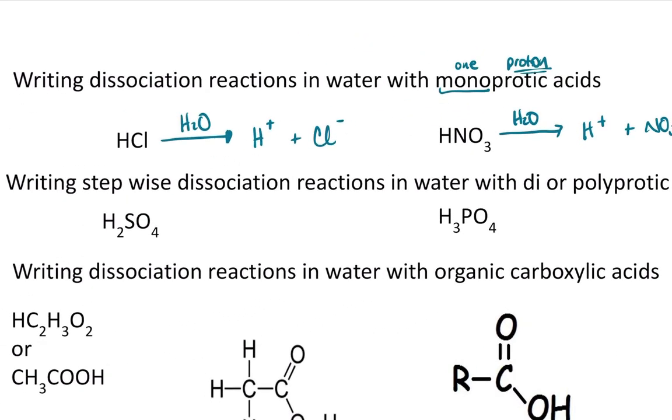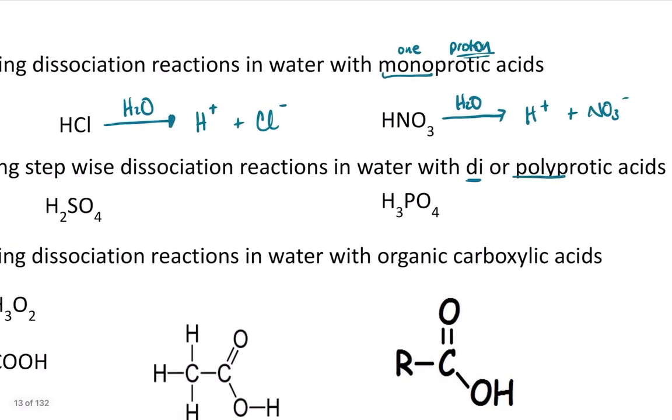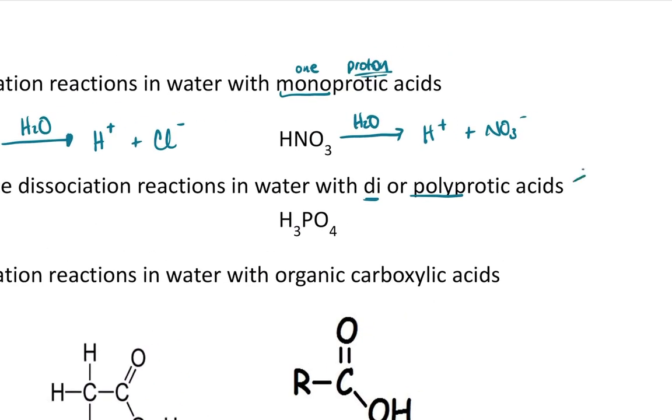When you have a di or a polyprotic acid, you're going to do this step by step. One hydrogen, one proton at a time.